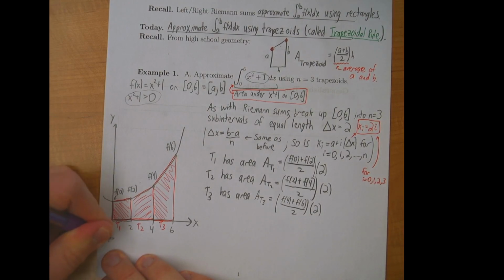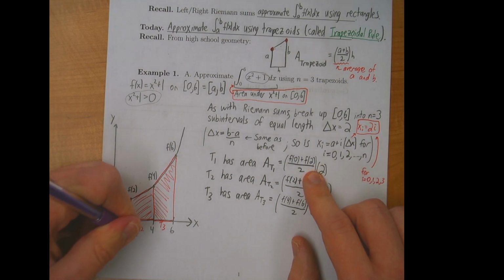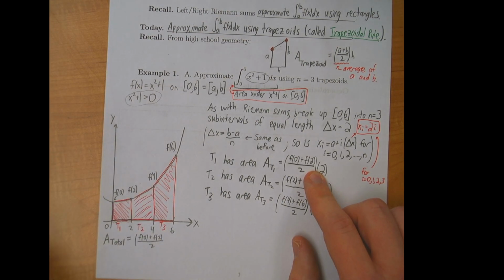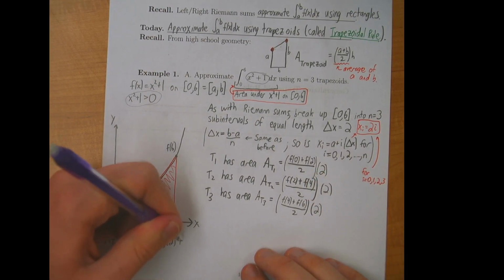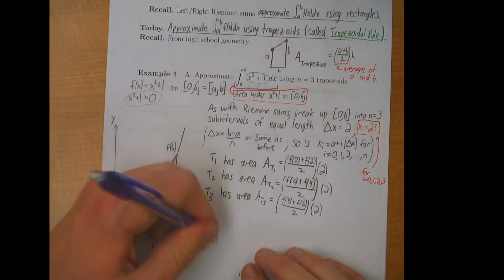So a sub total, okay, is going to be the area of the first trapezoid. So in this case, f of 0 plus f of 2 over 2, and then times 2, and then plus f of 2 plus f of 4 over 2 times 2.